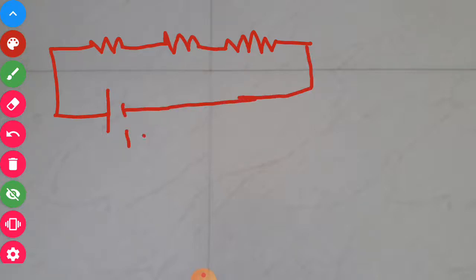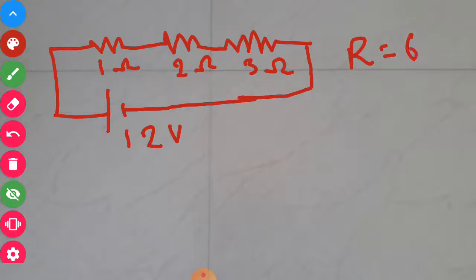So this is a battery of 12 volt and internal resistance is 0. This is of 1 ohm, this is of 2 ohm and this is of 3 ohm. So total resistance of the circuit is, say, R is equal to 6 ohm. R1 plus R2 plus R3, you can take 1 plus 2 plus 3 is 6 ohm.